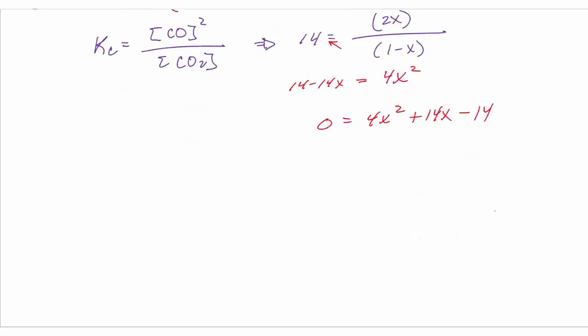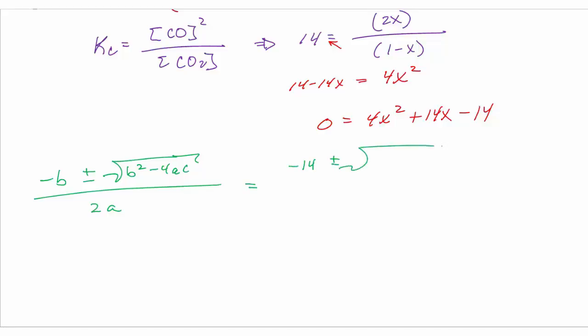So now we're ready to substitute into our quadratic formula. Negative b plus or minus the square root b squared minus 4ac all over 2a. Negative b, negative 14 plus or minus the square root of b squared, 14 squared, minus 4ac, divided by 2a.